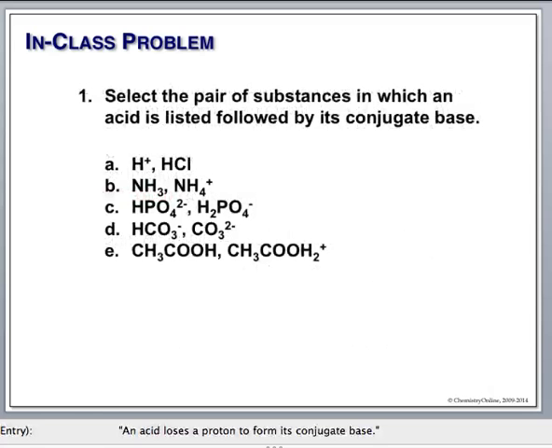All right, well, let's look at some other test questions on this material. I'm looking for a pair of substances in which an acid is followed by its conjugate base.